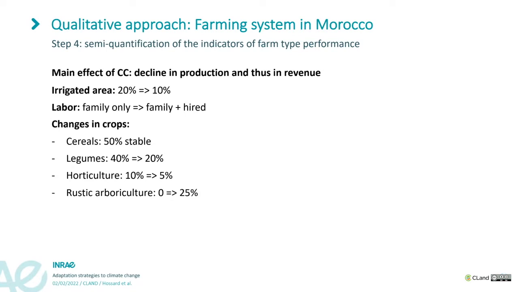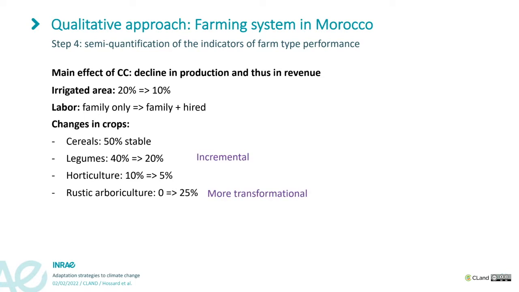This involved some changes: a decrease in irrigated area, a diversification of types of labor due to changes in crops. When you have a decrease in legumes, a decrease in irrigated horticulture, and the introduction of rustic arboriculture, it needed some labor, explaining the arrow just before.